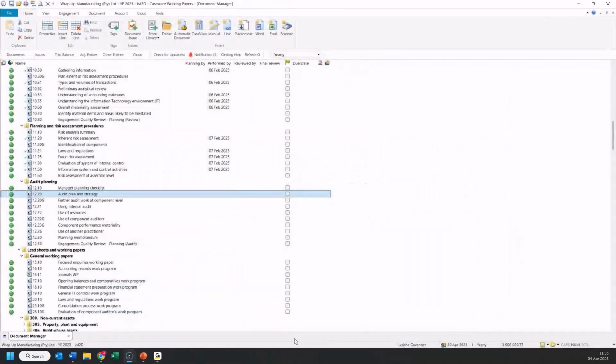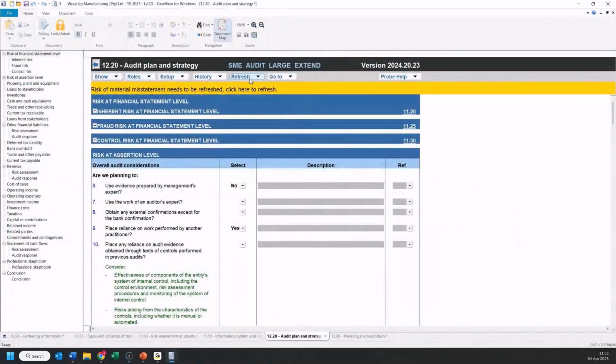Open that up. Good. Oh, now it just wants to quickly refresh. It is because we've now recorded all those other risks that it wants to push that through back to 1220.